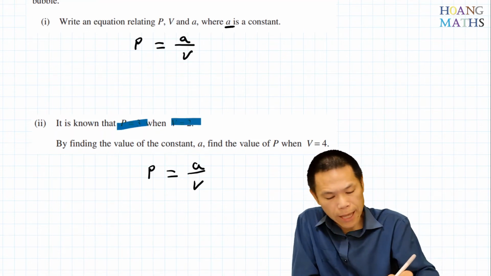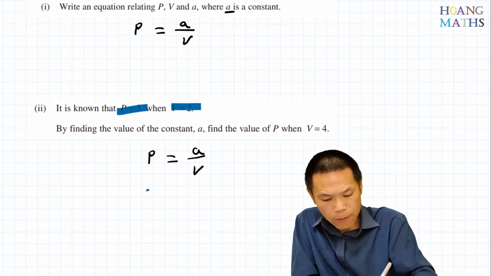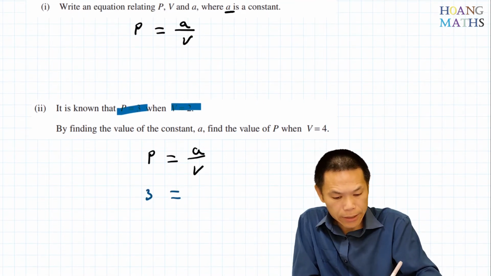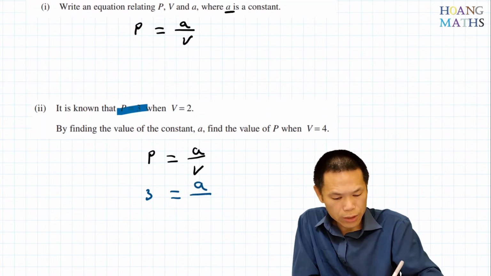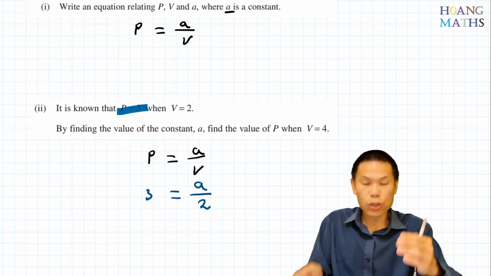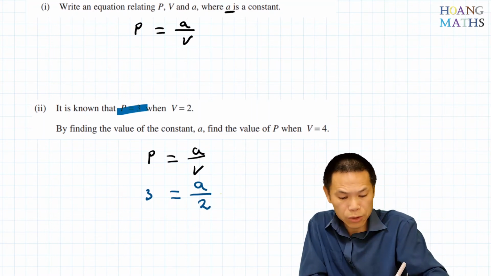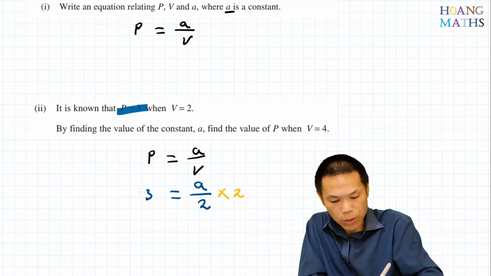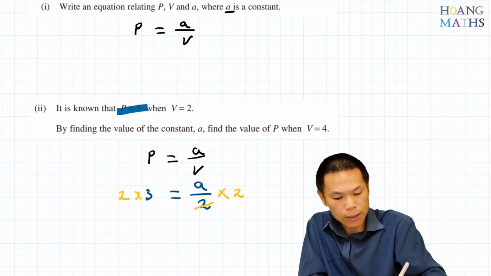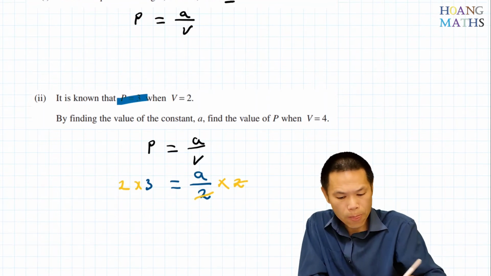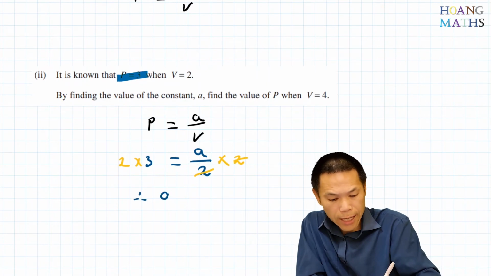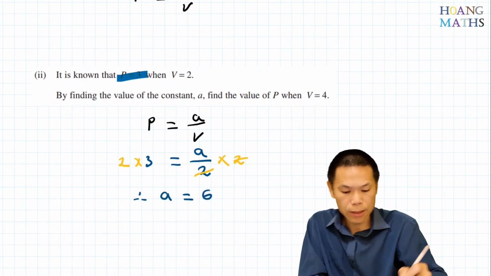So we just replace that with P is 3 and A we don't know and V is 2. So we just write it down. So now I just solve for A. So what I do, I times 2 on both sides because I want to get rid of that 2. So this cancels out. So therefore, A is equal to 6.